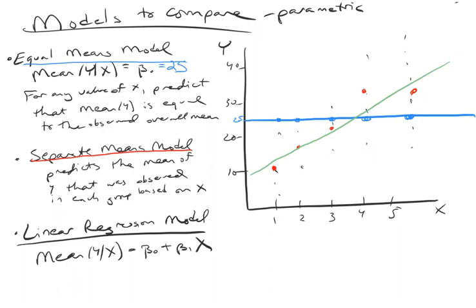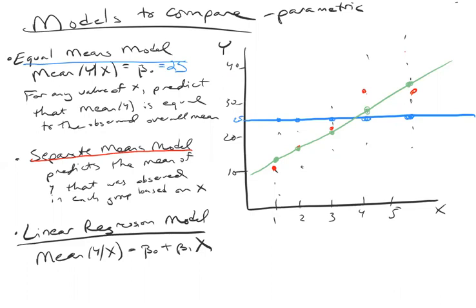Now, was I able to draw a line that went exactly through every red dot? Nope, okay? But I drew a line, and so if I estimate the intercept and slope of this equation, which we'll talk about how to do at length, what I'm saying is that if you tell me your value of x, my prediction for y is going to be a point on this line.